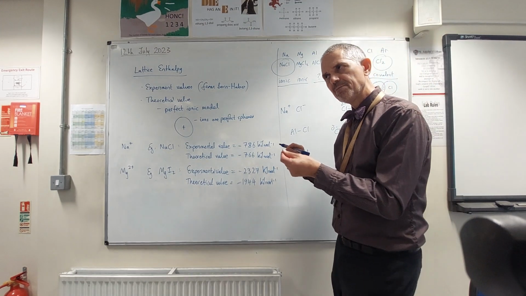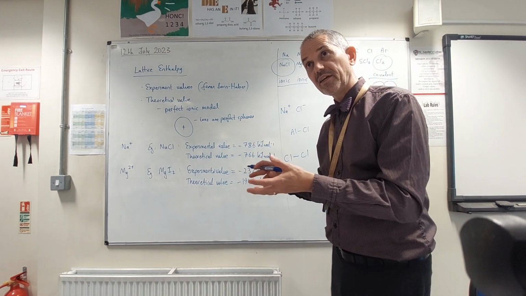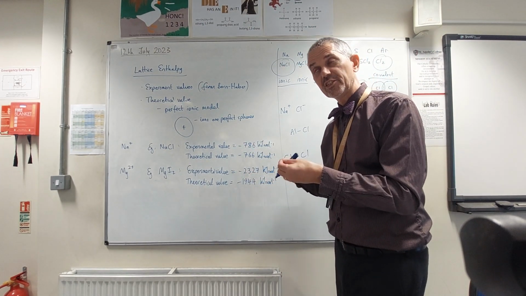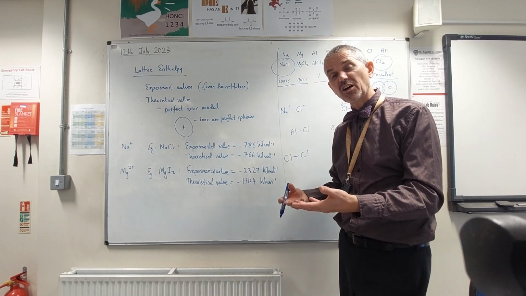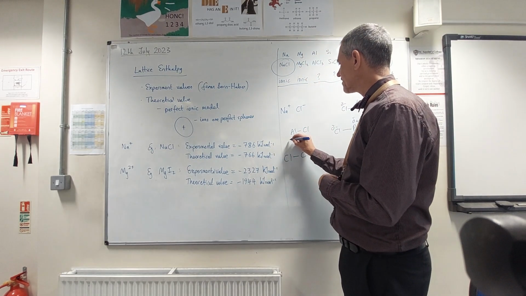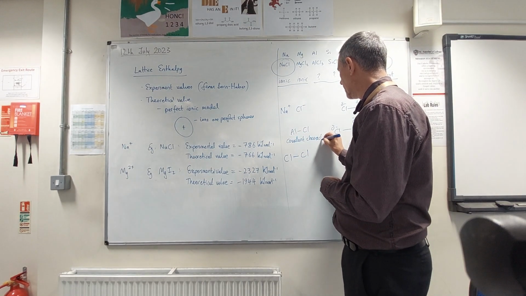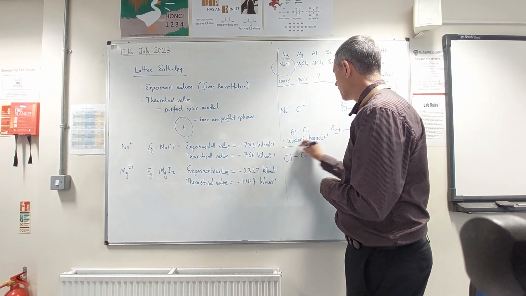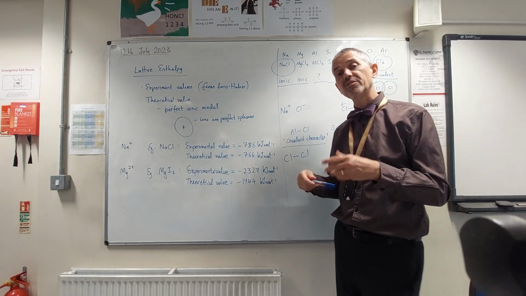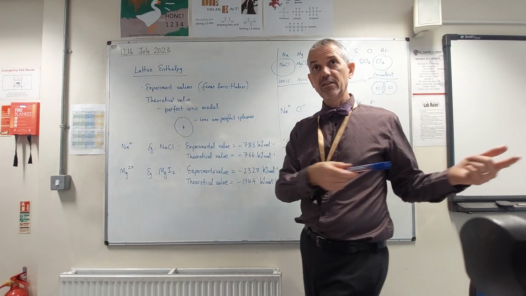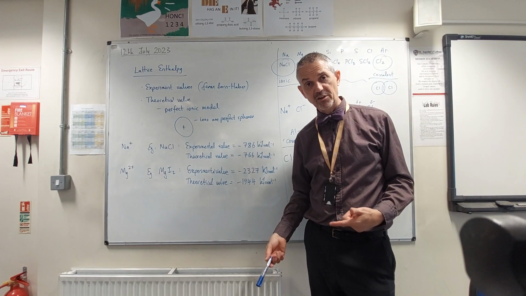If we have an ionic compound where the electrons can also be shared sometimes, we say it has some covalent character. Covalent character means that there's both ionic bonding and covalent bonding going on at the same time.